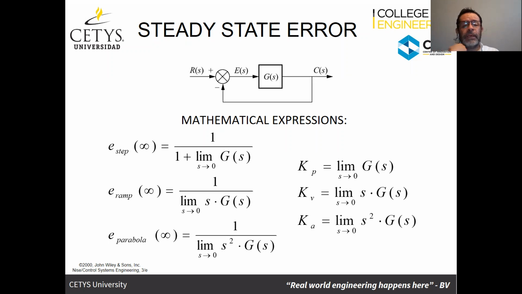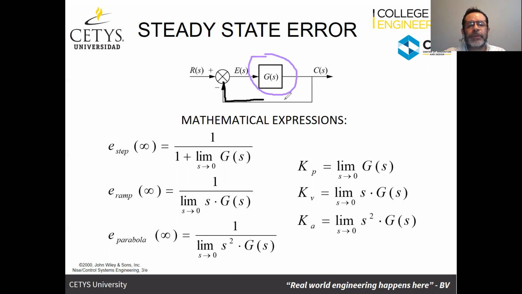Now, the errors of systems can be calculated using these expressions based on the forward transfer function. This is important. We're working with the forward transfer function, assuming that we have unity feedback. We're going to see how we get around this if the system does not have unity feedback, but we're talking about the forward transfer function, unity feedback.